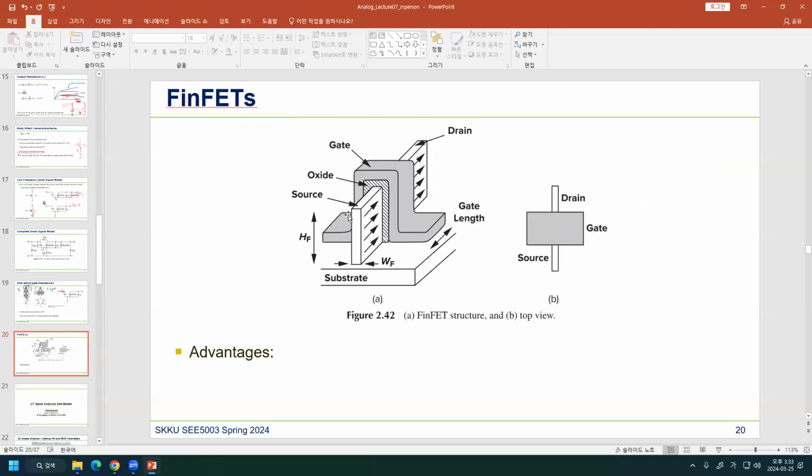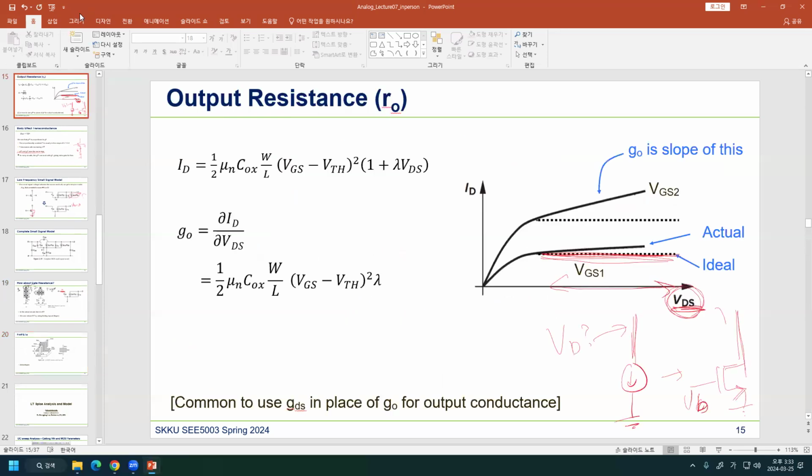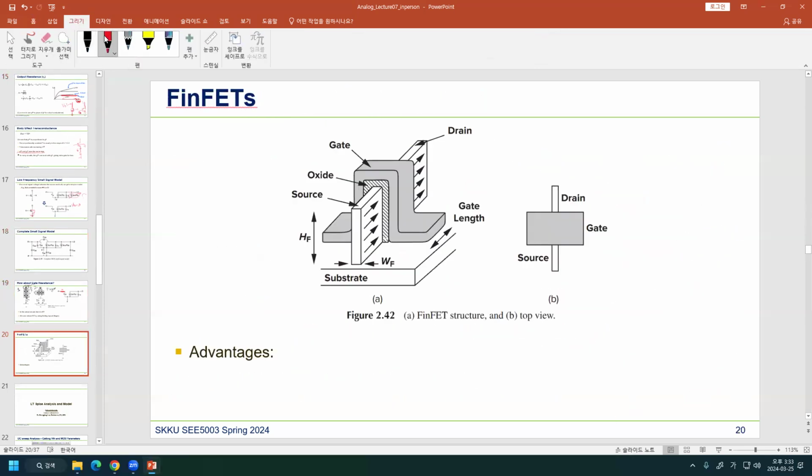And I just put FinFETs. These are kind of hot, I mean, very popular. FinFET is less than 20 nano, that's what the book says. Actually, I've never used FinFET in my design, but in FinFET, a very advanced technology, the gate and source are no longer 2D.